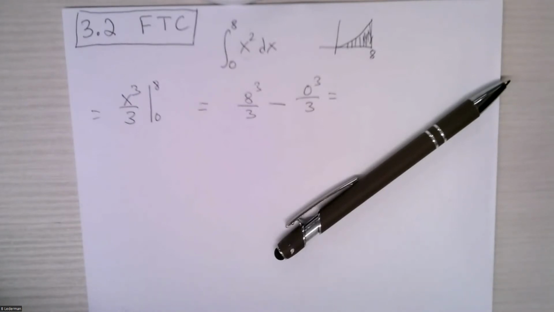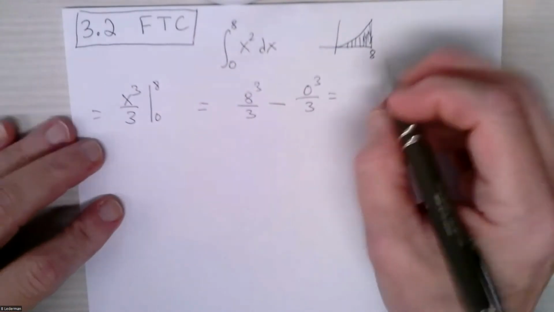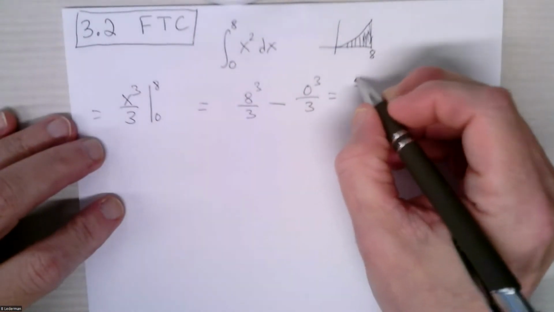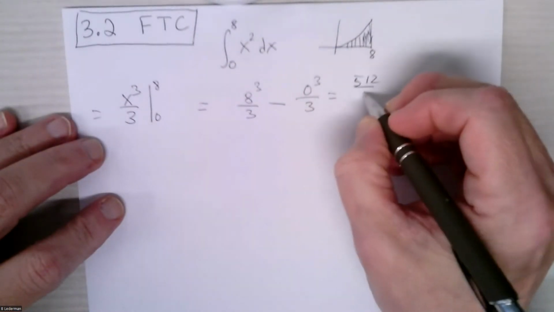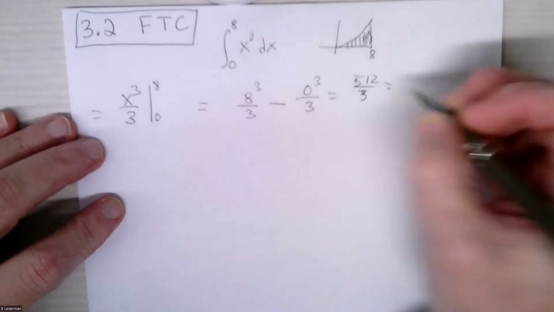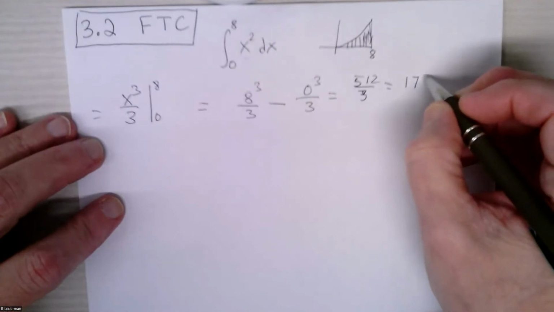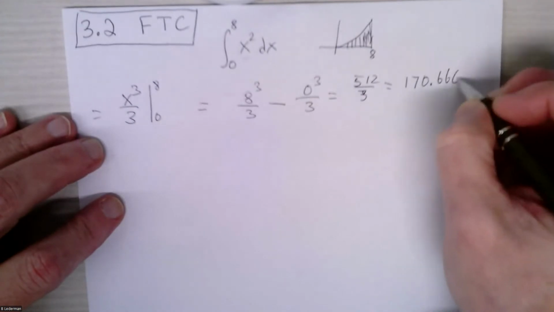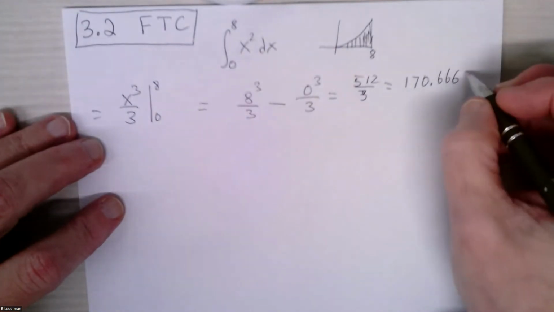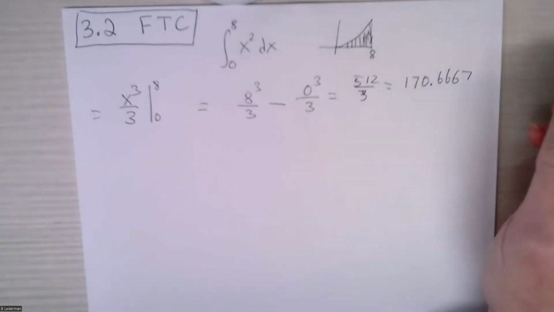Now divide 512 by 3, which equals 170.66, whatever. I'll just stick a 7 in there at the end.